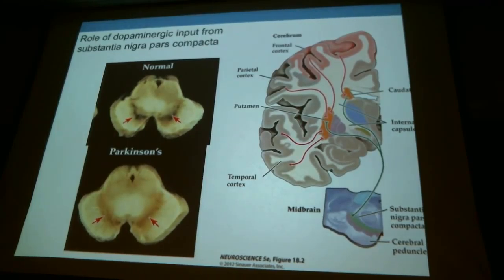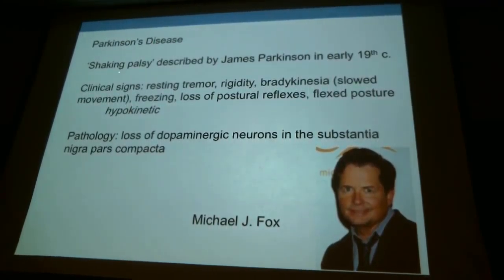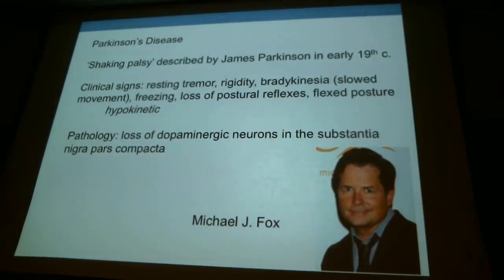So in a way, this is a very particular effect on the system. Okay, and this has the result of causing Parkinson's disease, which everybody's heard of. It was early described in the early 19th century by a guy named James Parkinson. Okay, and described as a shaking palsy. It has very particular clinical signs that I think everyone's somewhat familiar with.